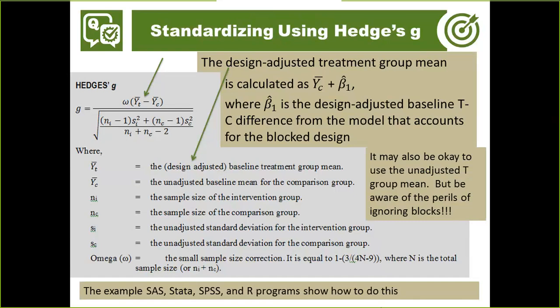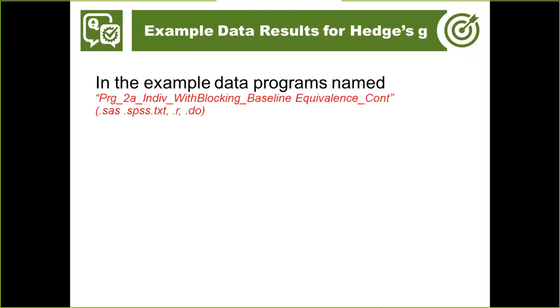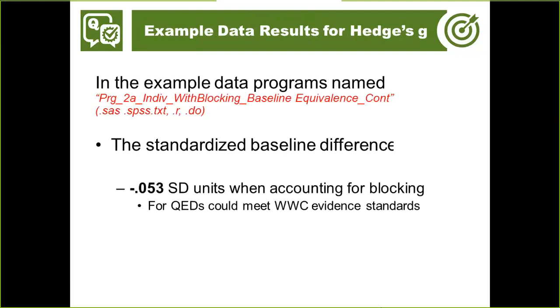The example SAS, STATA, SPSS, and R programs show how to do this standardization. In the example data sets and programs named Prog 2A with blocking, baseline equivalence underscore continuous, the standardized baseline differences are 0.053 standard deviation units.